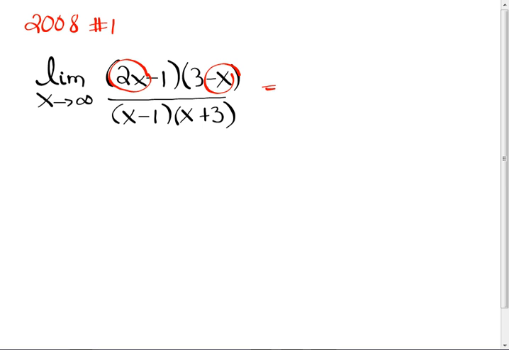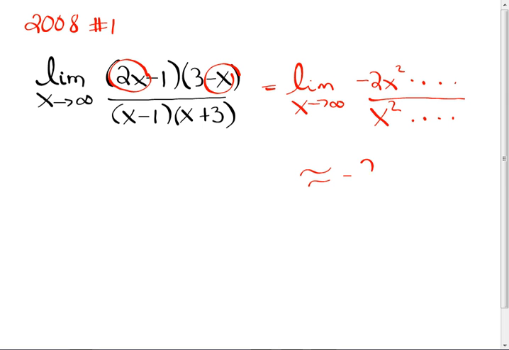So that's going to be the limit as x goes to infinity of negative 2x squared. And then these are going to be lower exponents, so they're not going to matter much. If x gets big enough, and this is x squared, and we could FOIL that out easily if we wanted to. But that's looking like negative 2x squared over 1x squared. So that's equal to what? Negative 2. And that should be one of my choices.